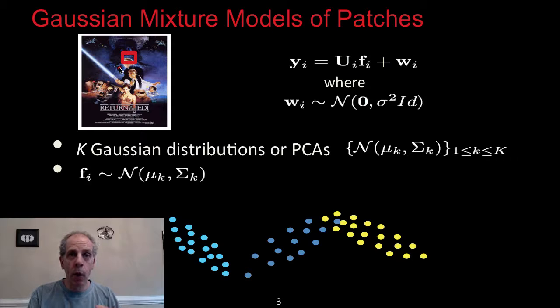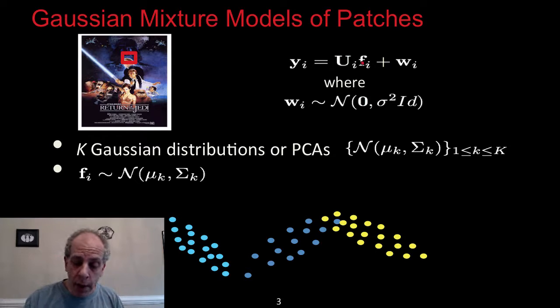Once again, we work with all the overlapping patches, all possible patches in the image. And the idea is that we are going to model each one of these patches, F sub i, that has been deformed. Sometimes the operator is the same operator all across the image, sometimes it's not, and that's why I mark it U sub i, and this is our observation. The noise is, as before, Gaussian.